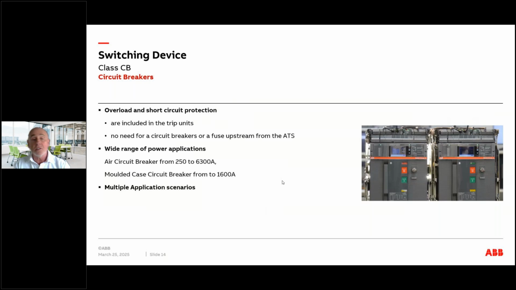Depending on the size of circuit breaker and its ratings, you can go from 250 amp up to 6,300 amp, and with molded case circuit breakers up to 1,600 amp. That's a mistake. Just to clarify, molded case circuit breakers can go up to 3,200 amp, but generally 1,600 amp is the crossover in most general applications where you start looking at air circuit breakers. So this technology lends itself quite well to most of the scenarios, and the transitions that you may need in ensuring resilience to your network.